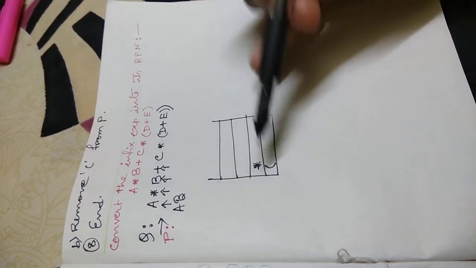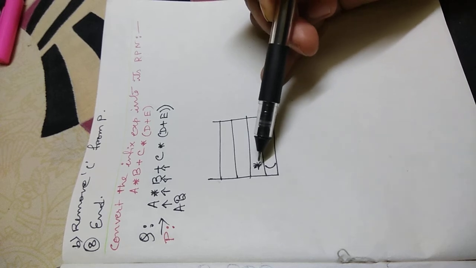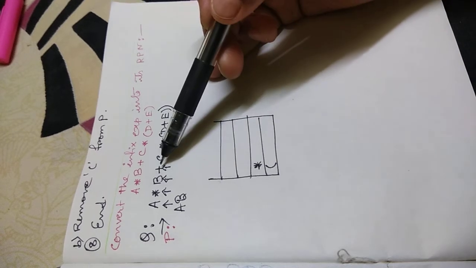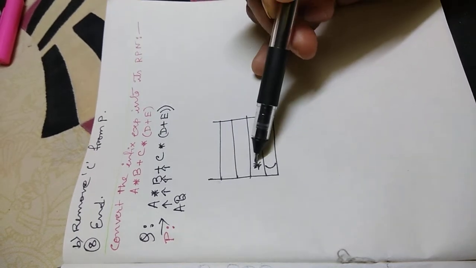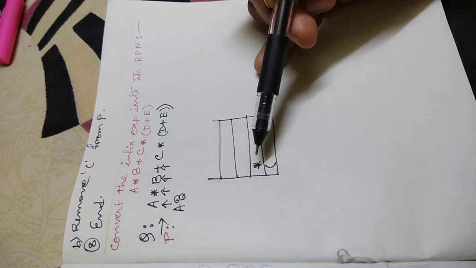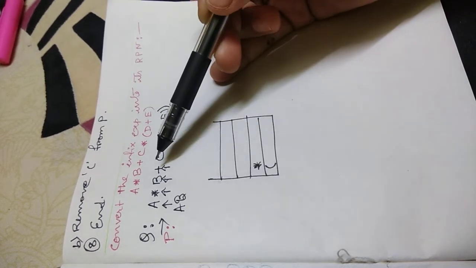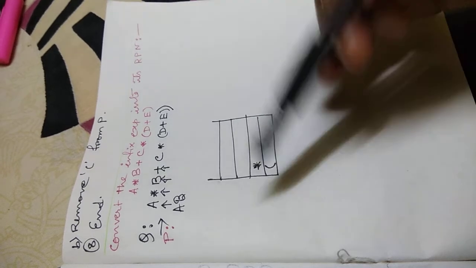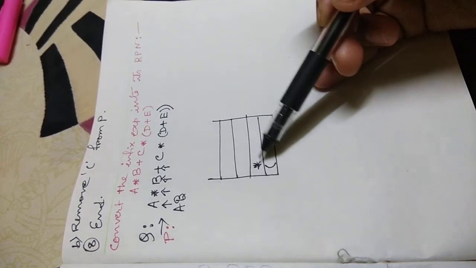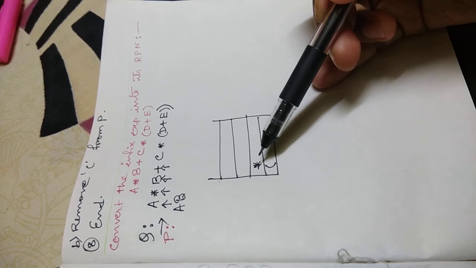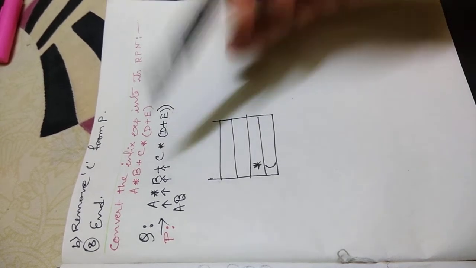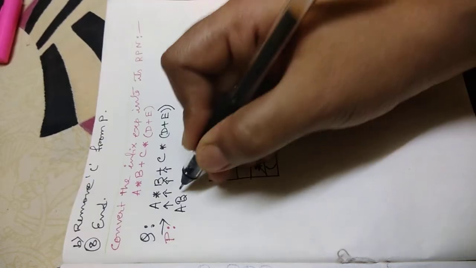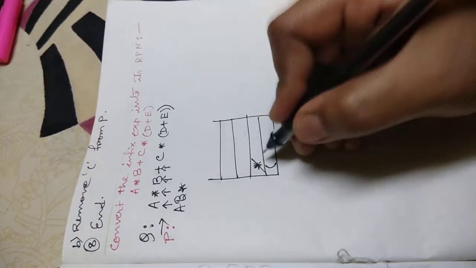If the top of the stack operator has greater or equal precedence than this one, then we have to pop it from the top of the stack and add it to P, and push this plus. So here that is true, right? The operator at the top of the stack is multiplication, asterisk, and it has greater priority than plus. So we are compelled to pop it from the top of the stack, add it to P and push this plus at the top of the stack.